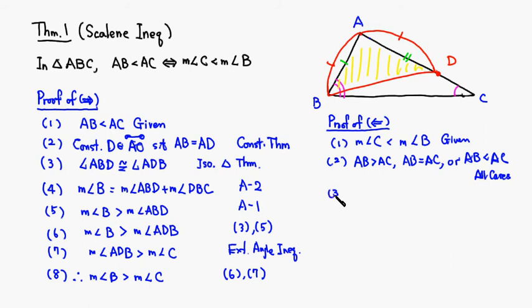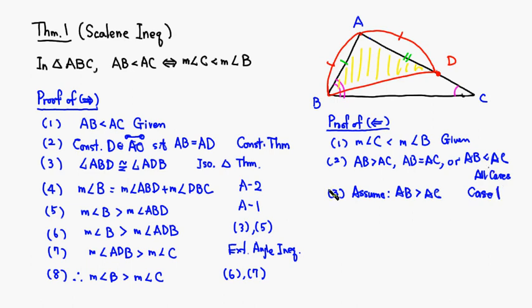3. Let's pick the first case. Let's assume that AB is longer than AC. This is our case 1.